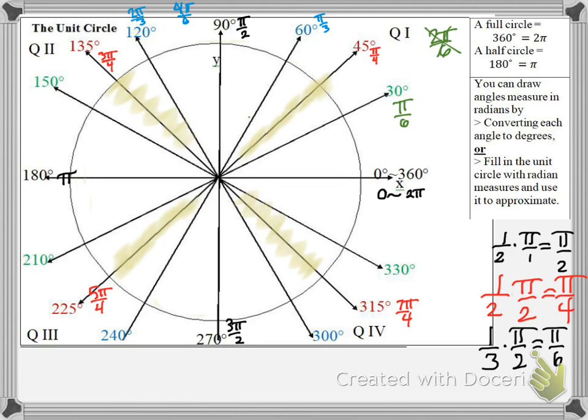So that's 4/6. Next I would need 5 pi over 6. And then I need 6 pi over 6, which is just pi. Then I need 7 pi over 6.